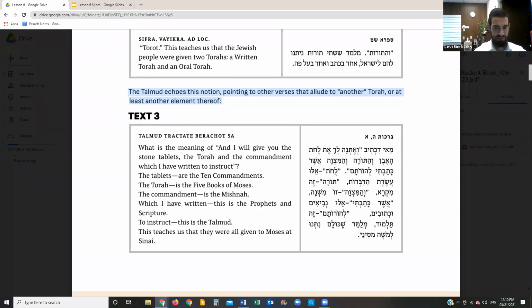As if God gave tablets, then he gave us the Torah, and then he gave us commandments. The commandments are written in the tablets and in the Torah. So what's this additional thing? And the Talmud explains that it's referring to other aspects that are all divinely inspired at the time of the giving of the Torah. Even if it wasn't written in the same book, it was all given simultaneously to Moses.